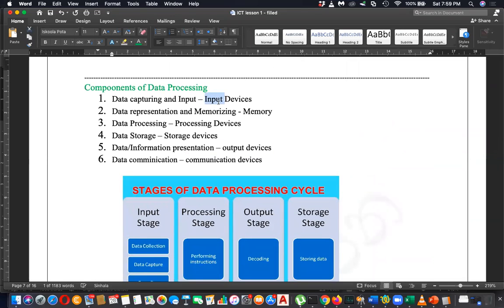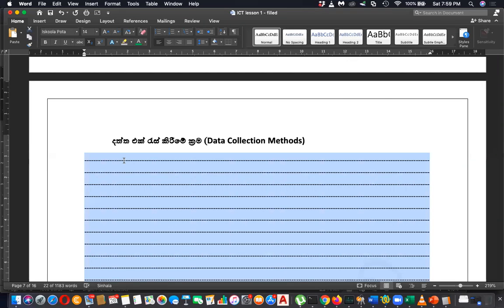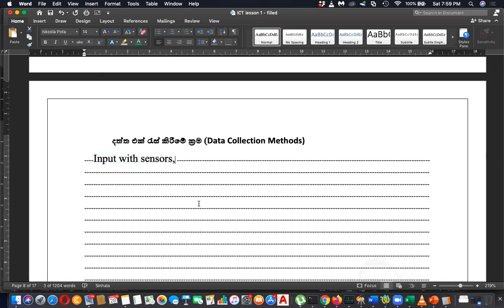That means how we can input. So what are the methods by which we can input data to a computer? We can input with sensors. Data can be input with sensors.